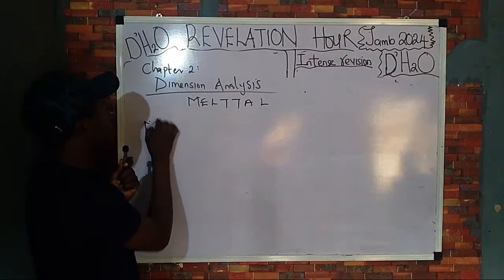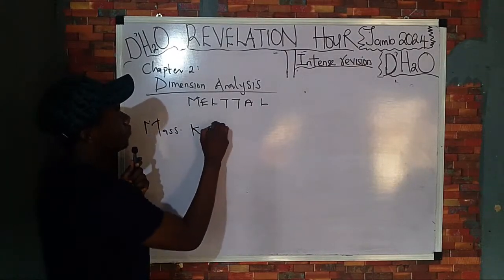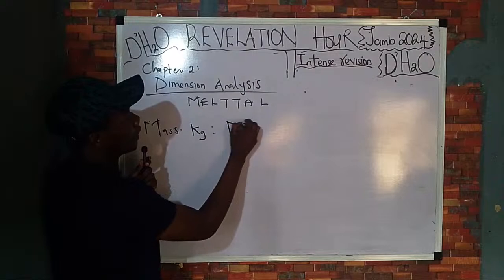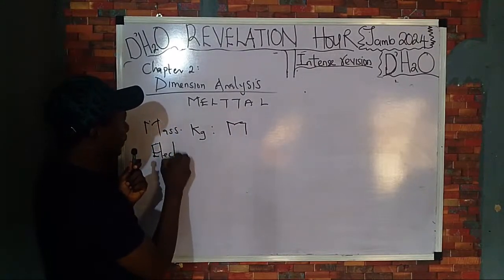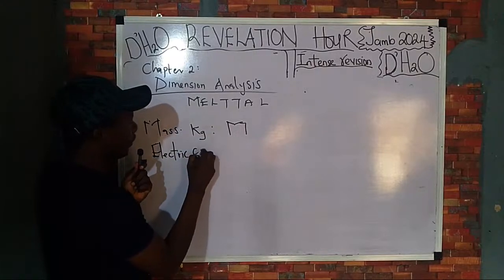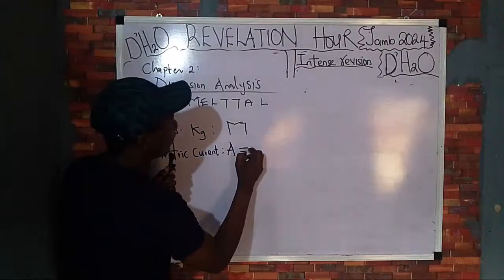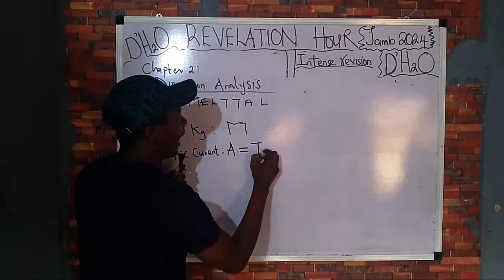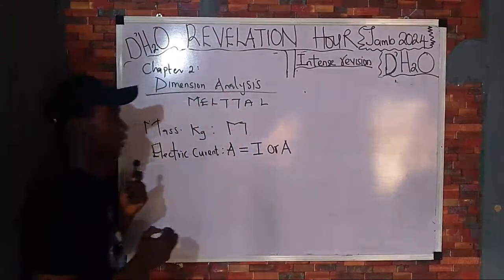This is your mass, okay? Mass is measured in kilogram and the dimension is capital letter M. Electric current is measured in ampere and the dimension is capital letter I. Some textbook or some other sources uses A.